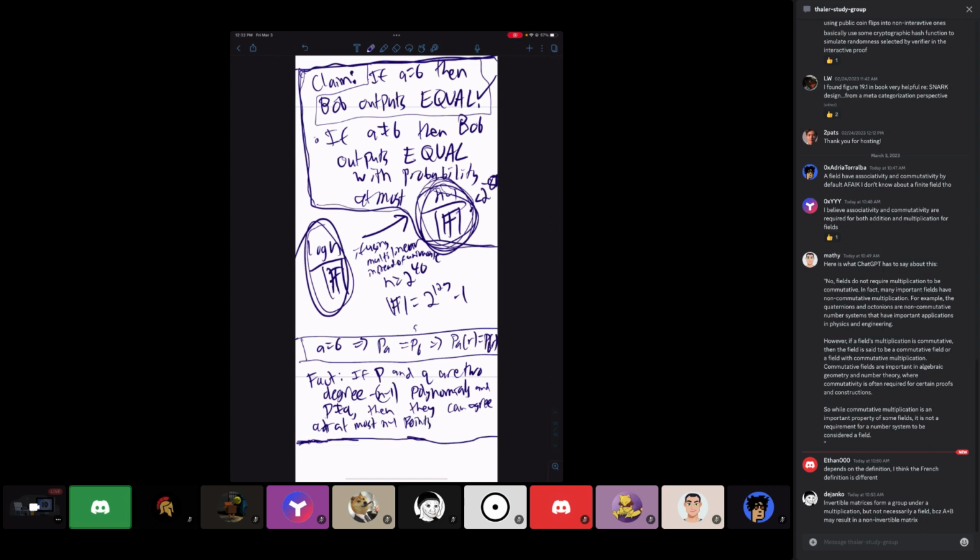And what I mean by that is P of x equals Q of x for at most n-1 values of x.